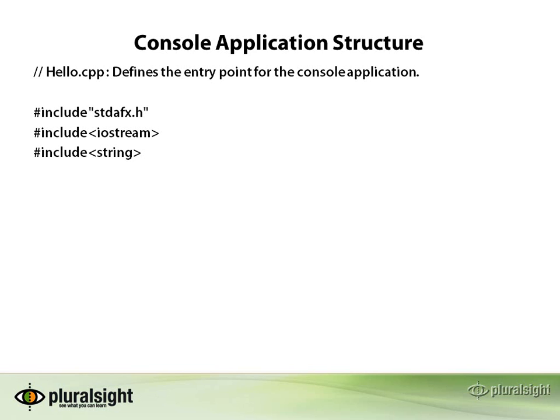Then we had these 3 what are called preprocessor directives. C++ has something called a preprocessor, which goes through your code before the compiler and tweaks it a little bit. And one of the things that it does is it combines multiple files into one. If there's some functionality that you use routinely, you put just the definitions of that functionality in what's known as a header file and include that header in each file that needs it.